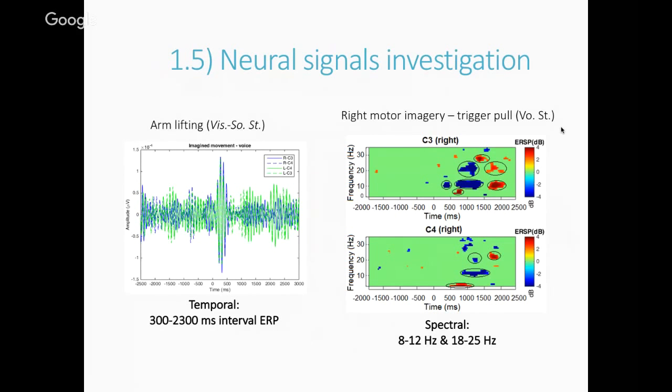The same process can also be observed in the higher bands, in the beta band, for example, from 18 to 25 hertz. And again, I selected these features and integrated them into the classification.